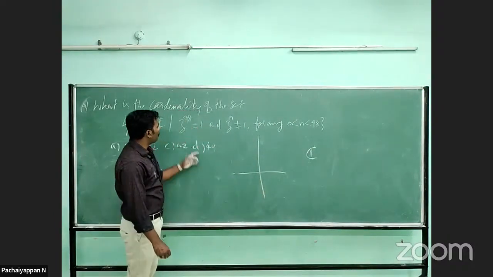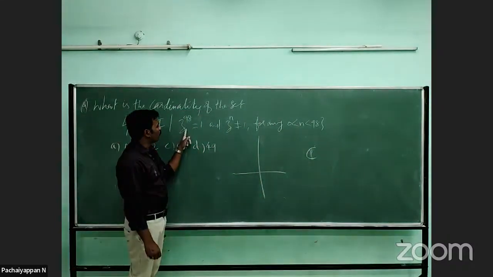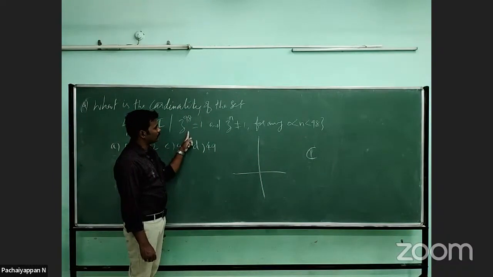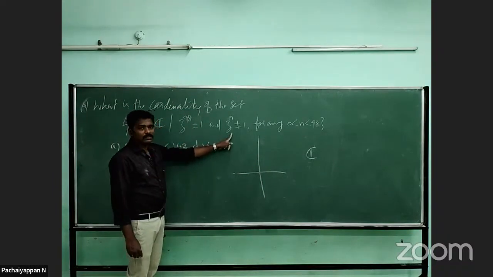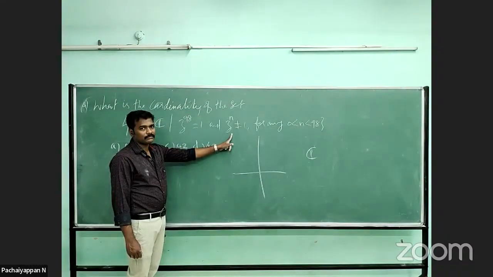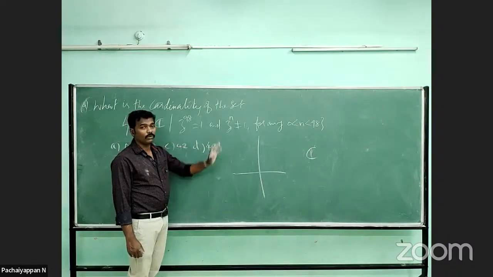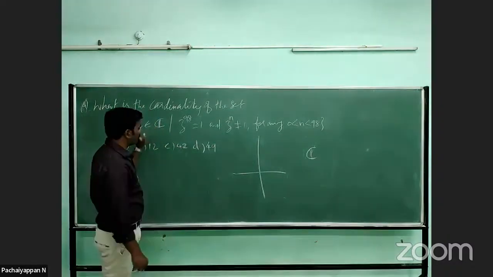For example, 1 does not satisfy this condition, because for all n, 1 power n equals 1. So 1 is not in the set.